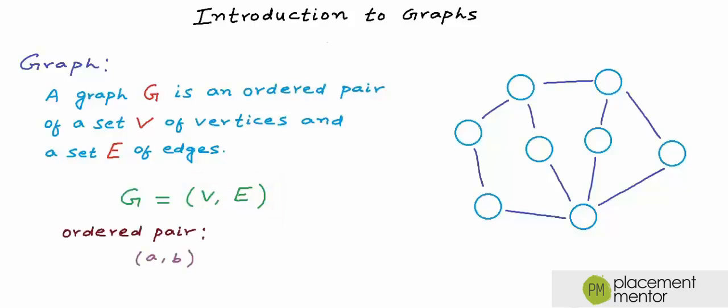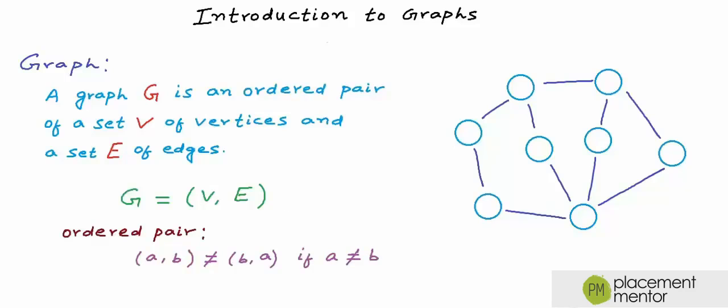An ordered pair AB is not equal to BA unless A and B are equal. In our definition of graph here, first object in the pair must always be a set of vertices and the second object must be a set of edges. That's why we are calling the pair an ordered pair.